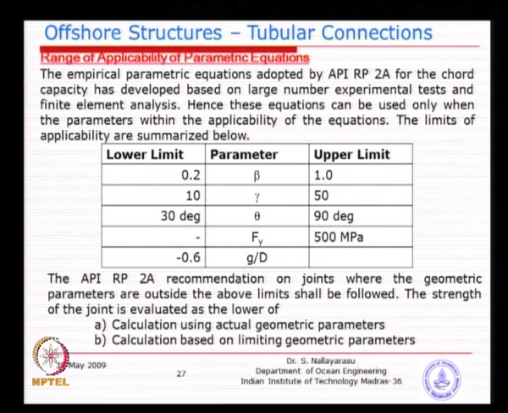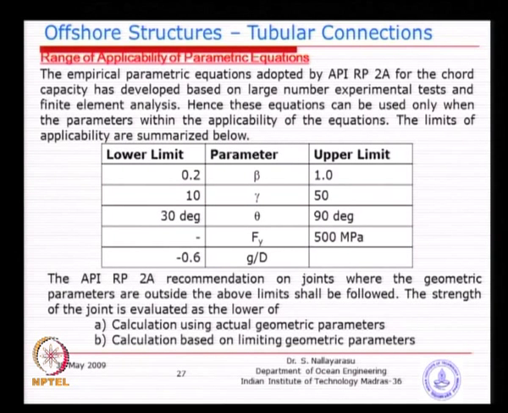So, this is what the experiments were done, FE analysis was done on several joints, almost nearly 1000 tests they have done. If you look at the joint industry project report, they have done 1000 joints fabricated, tested in the laboratory.